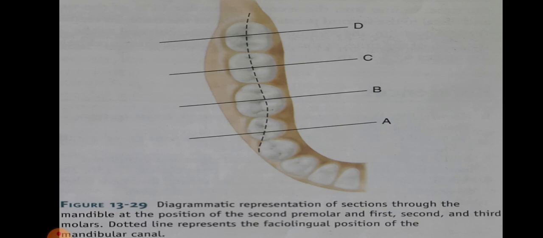The dotted line represents the faciolingual position of the mandibular canal. The mandibular canal may be located adjacent to the apices, or it may be located facially or lingual to the apices.